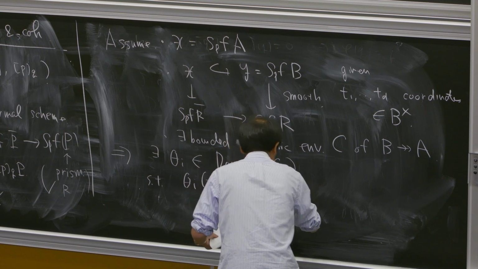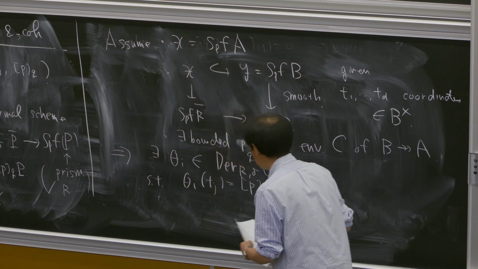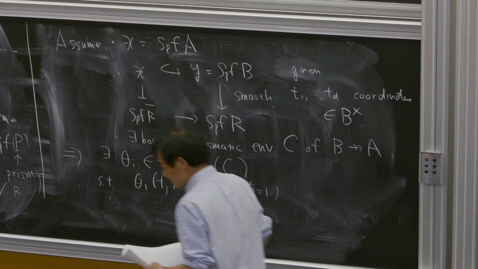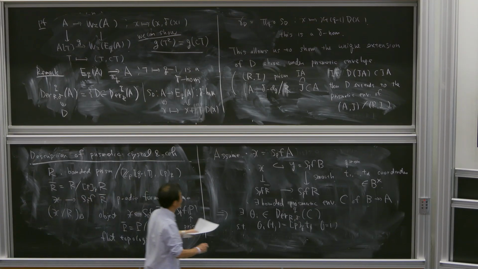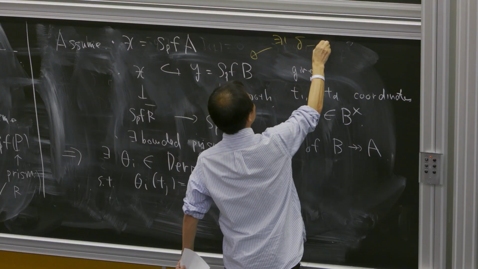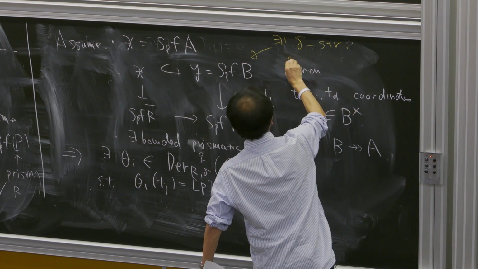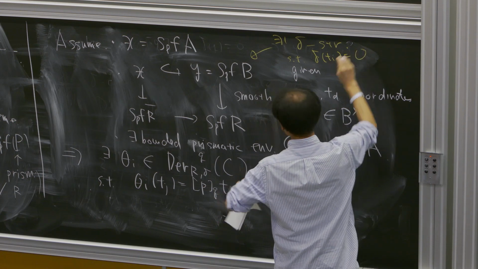So I forgot to write the very important condition. Given an existing delta structure, there is a unique delta structure such that delta Ti is equal to 0.